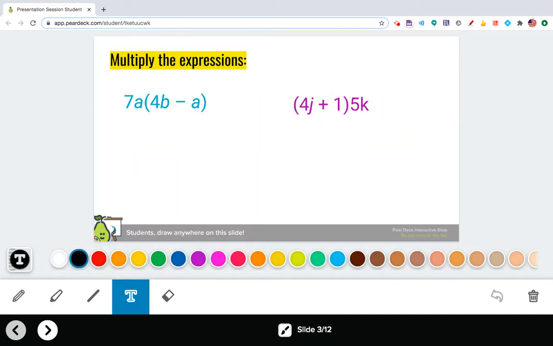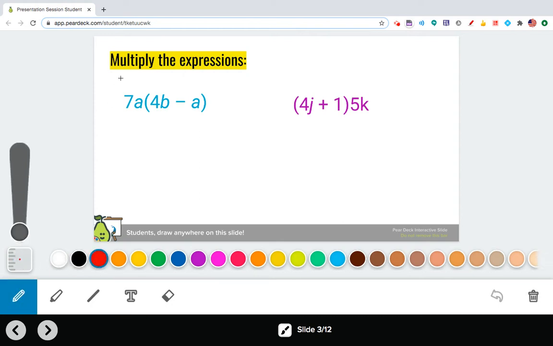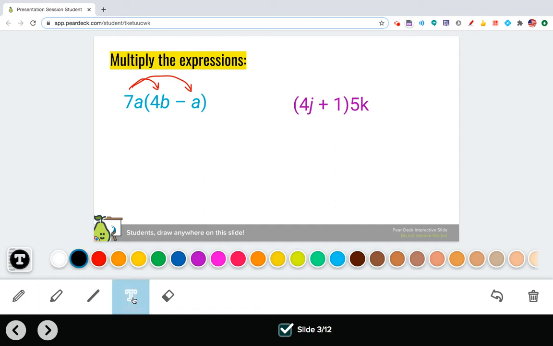Before we factor, we actually want to remember how to multiply expressions. And so to multiply this expression, 7a times this binomial, we're going to remember that we distribute the 7a and multiply it by the 4b and then multiply it by the negative a.